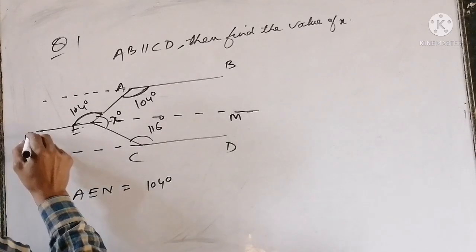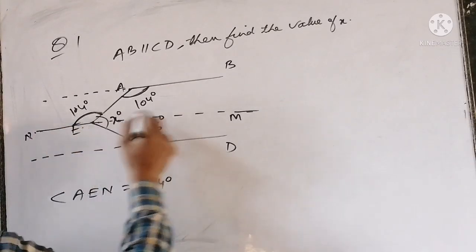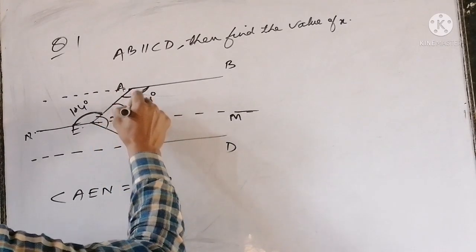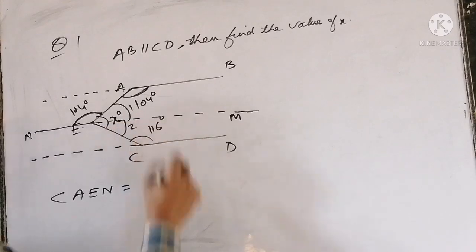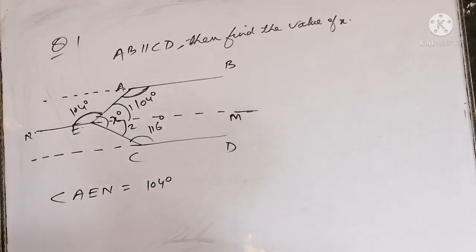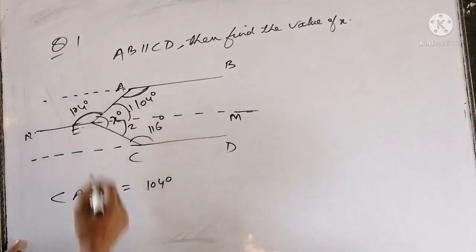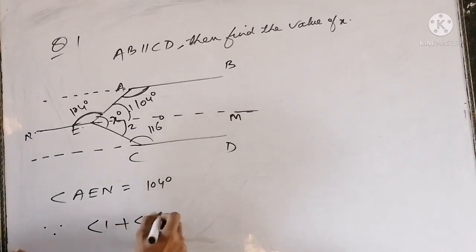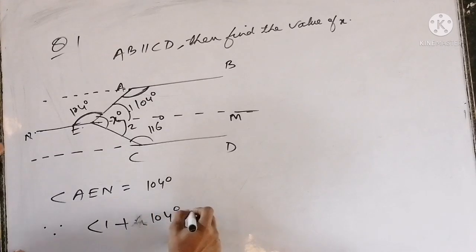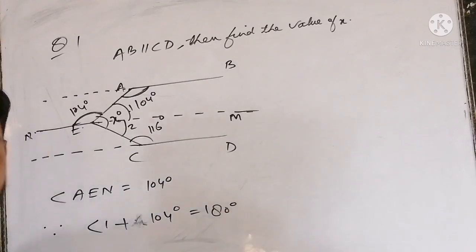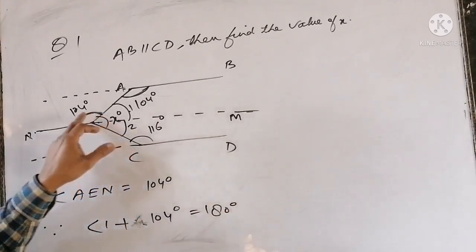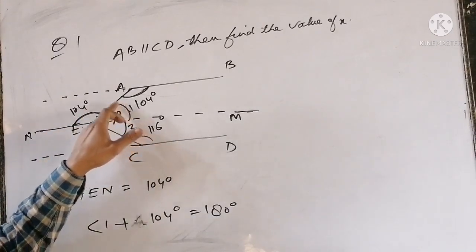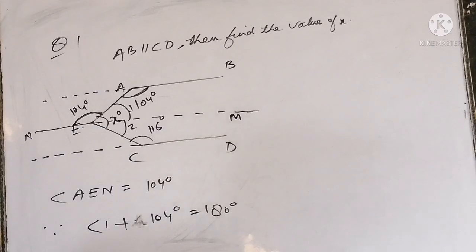And angle NEM, the whole angle, I will call angle 1 and angle 2. Angle 1 plus 104 is equal to 180 degrees because it is a straight line angle.